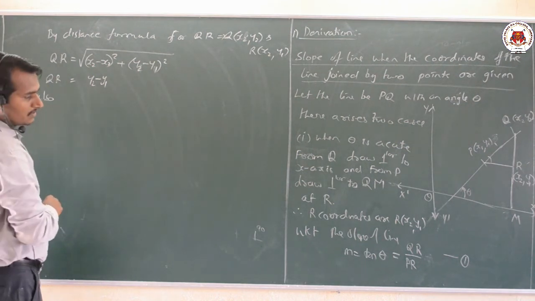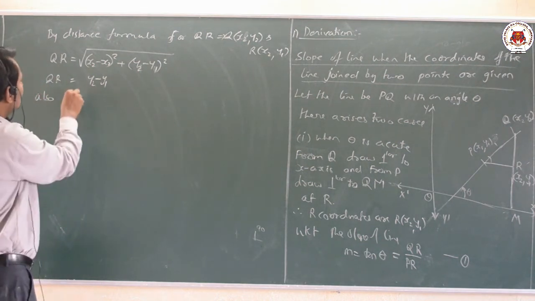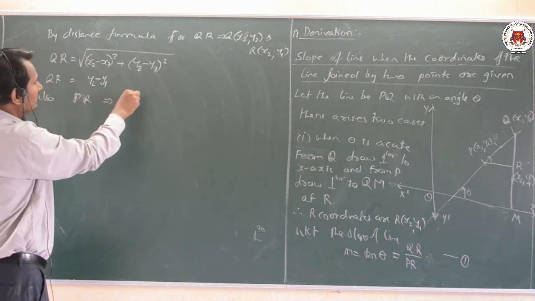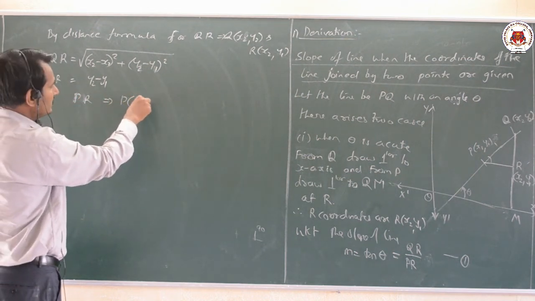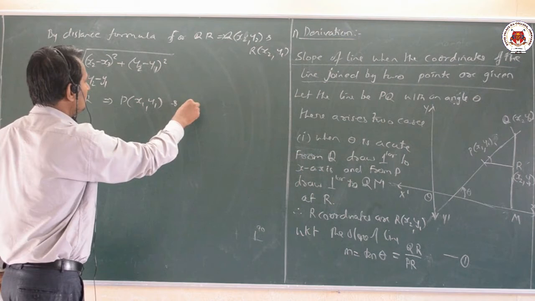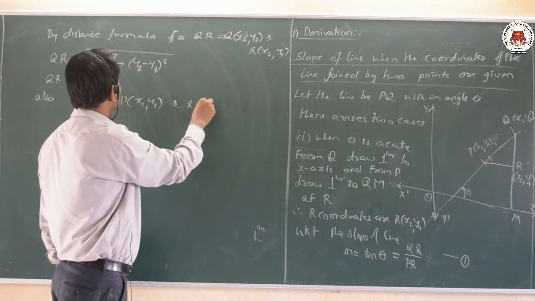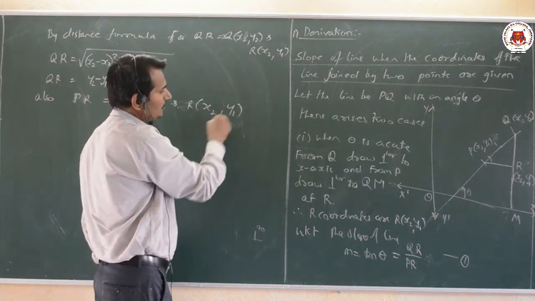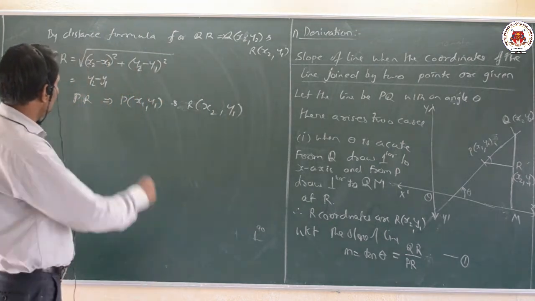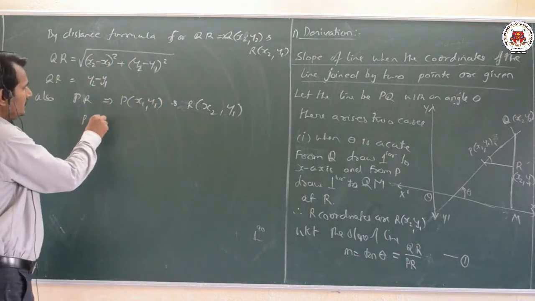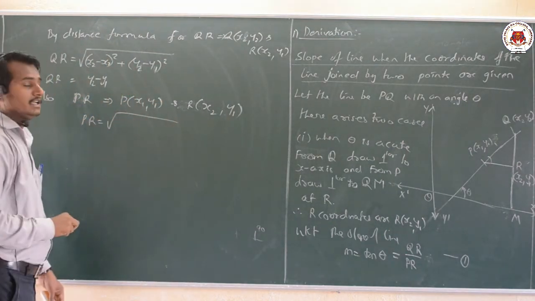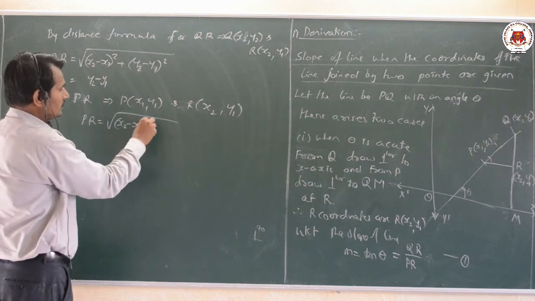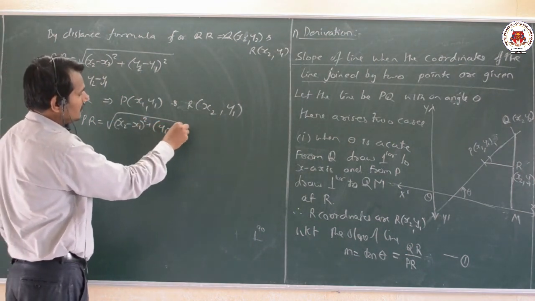Also by the distance formula, the line PR. The P coordinates are x1, y1, and the R coordinates are x2, y1. Now according to the distance formula, PR is equal to root of x2 minus x1 whole square plus y1 minus y1 whole square.